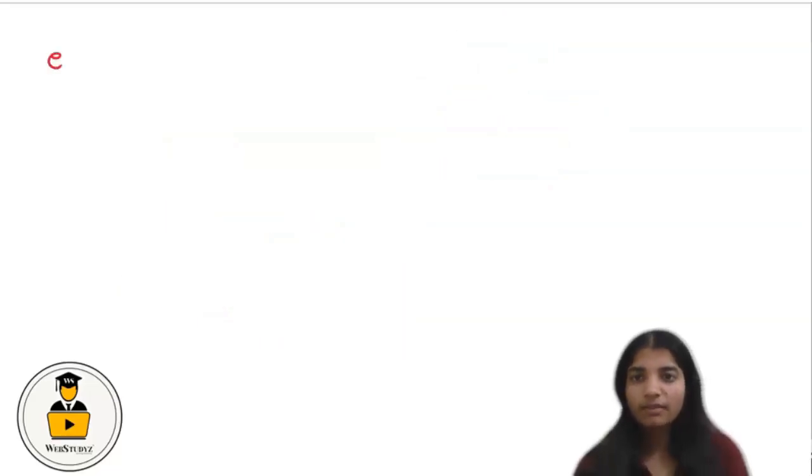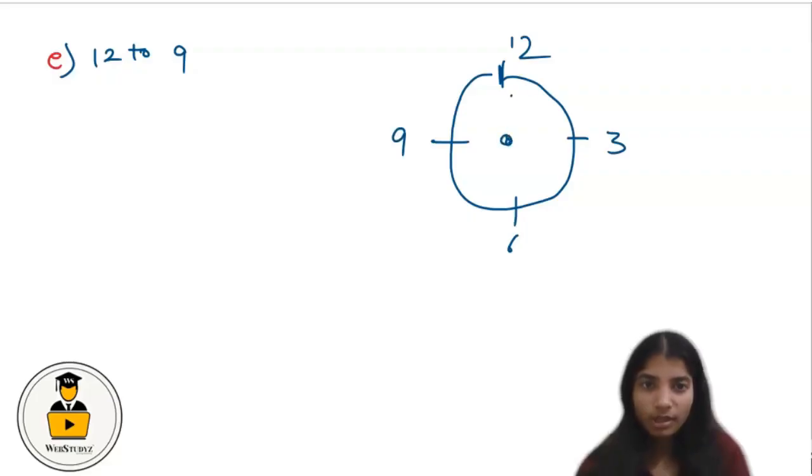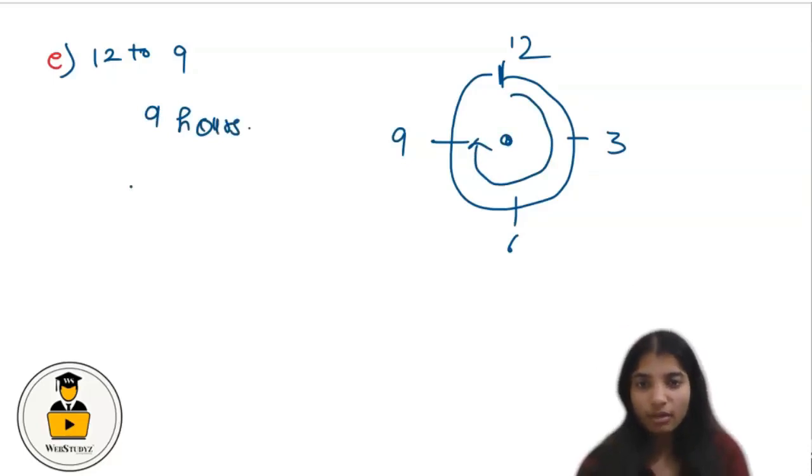In part E, we are given that the clock moves from 12 to 9. This is our clock. 12, 3, 6 and 9. The clock moves from 12 to 9. From 12 to 9 it covered 9 hours. And we know that one right angle is equal to 3 hours.